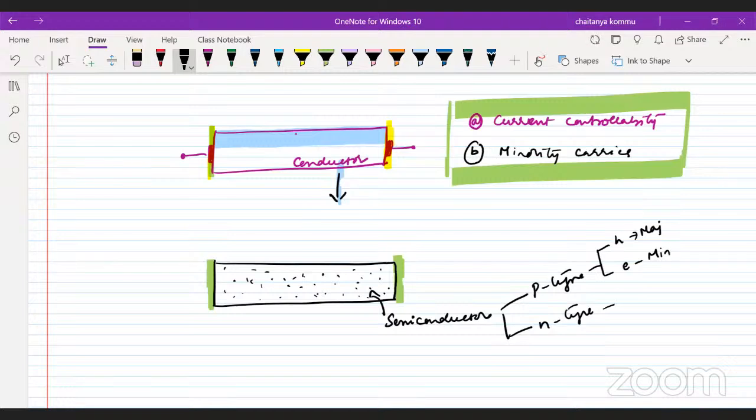Here in this case, the holes are minority and electrons are majority. Depending upon the type of semiconductor, the minority carriers will be available, and we can make them available at the surface. The point of interest is the surface. I don't want other parts of the carrier transportation.